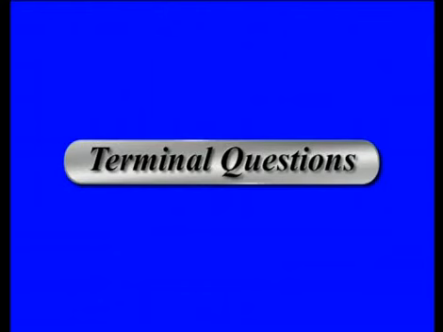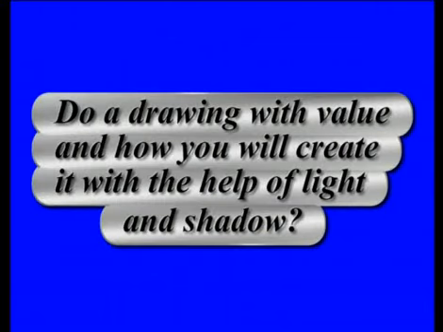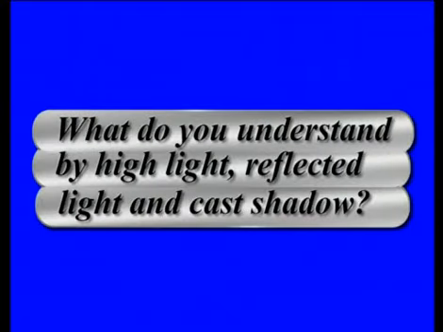Terminal questions. Do a drawing with value and explain how you will create it with the help of light and shadow. What do you understand by highlight, reflected light and cast shadow? What do you understand by texture?